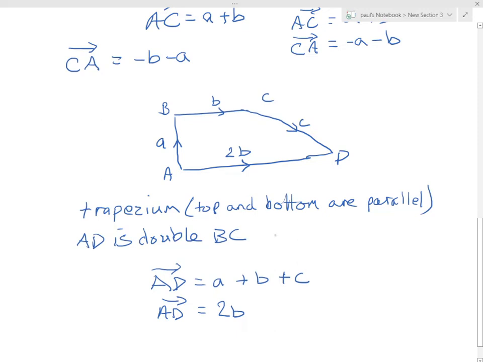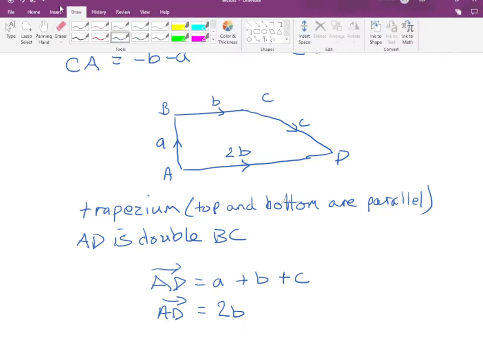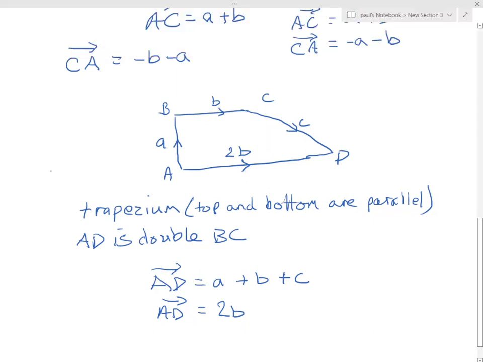2B means that the A and the C must be equivalent to a B, but added together. Yeah, because if we look at this, we've got the A is that way and the C is that way.